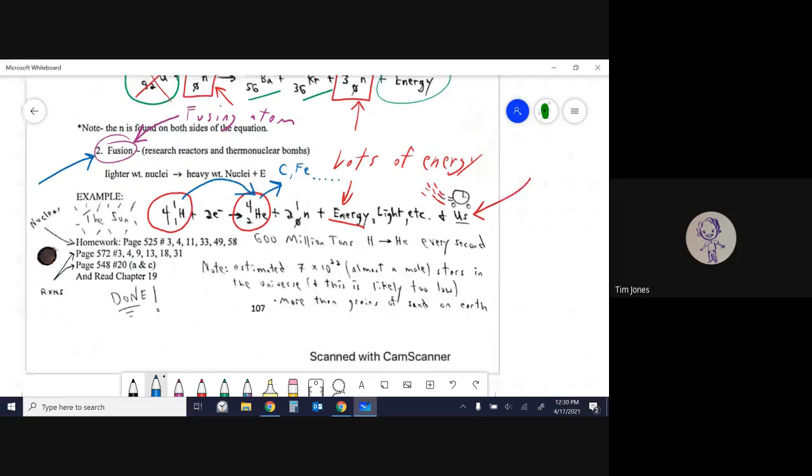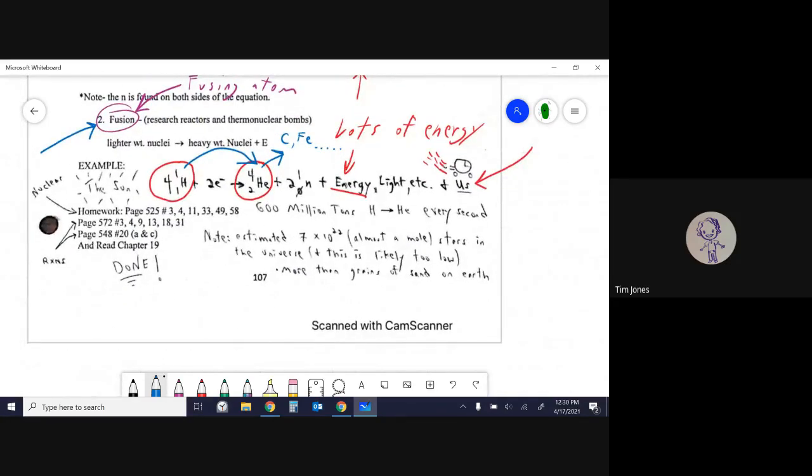So to finish here, I want to finish with two amazing statistics. Our sun, which is considered a medium-sized star, converts 600 million tons of hydrogen to helium every second. Now, a metric ton is 1,000 kilograms, which is a huge amount.